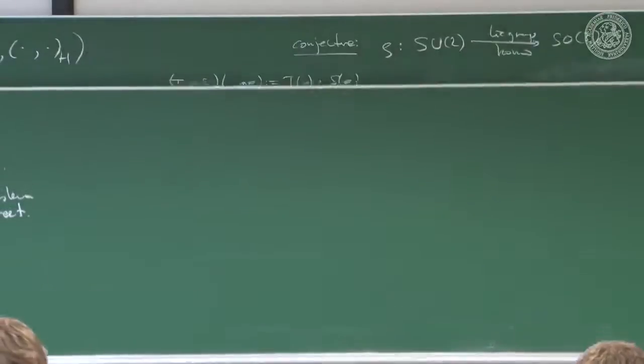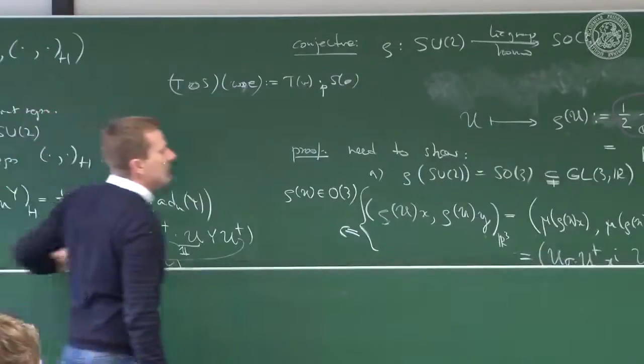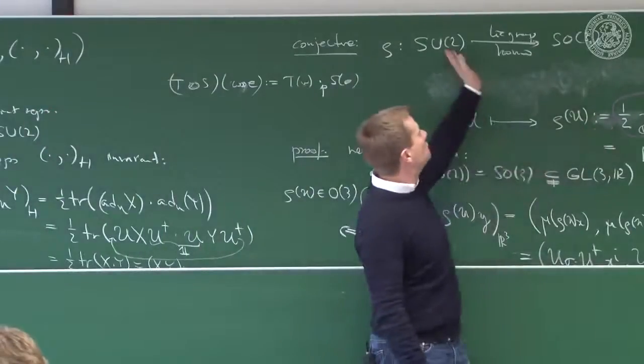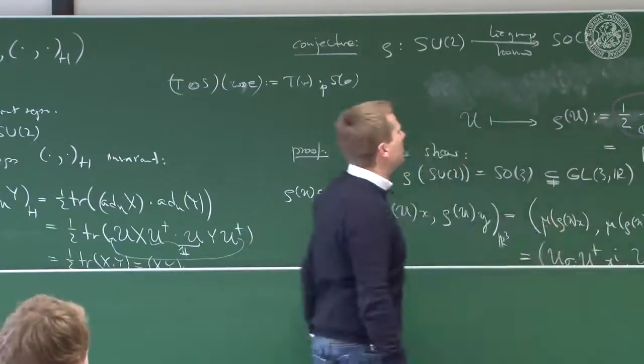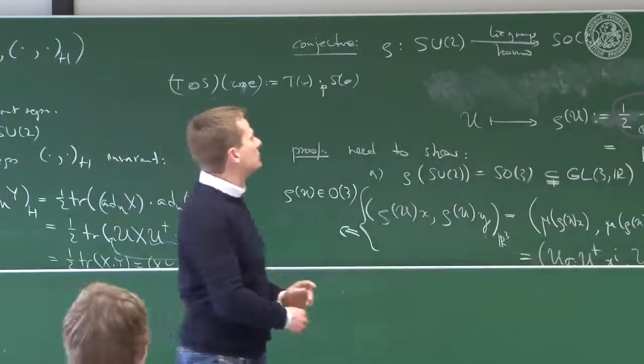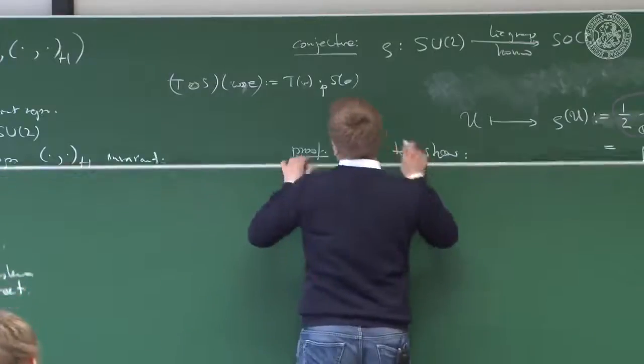So what we did so far, we showed that indeed the map, the funny map we defined here, really takes SU2 to SO3. But we wanted to show much more. We wanted to show that it's a Lie group homomorphism.